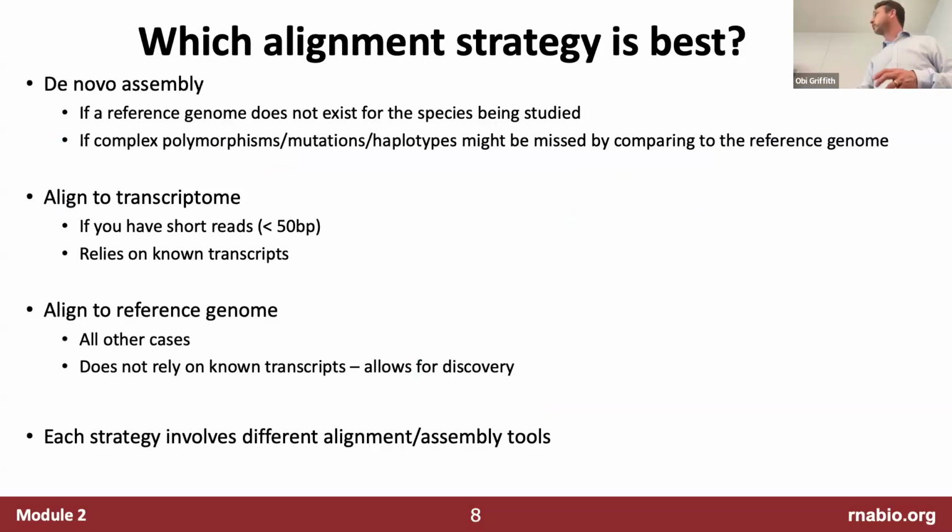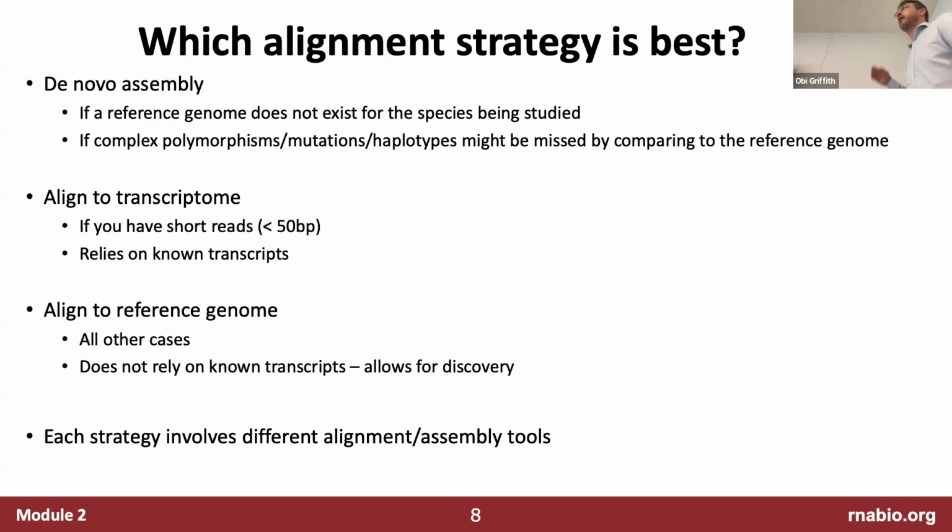So which of those strategies should we use? It kind of depends. For de novo assembly, you might do that if your reference genome doesn't exist. I think at least one person in the room mentioned potentially having that problem. Or for cases where there are really complicated regions of the genome, with a lot of polymorphisms or mutations, things like the HLA region in humans, which are highly polymorphic, where it's really not possible to have a single reference genome that works for all people.